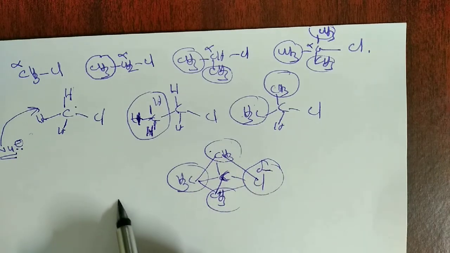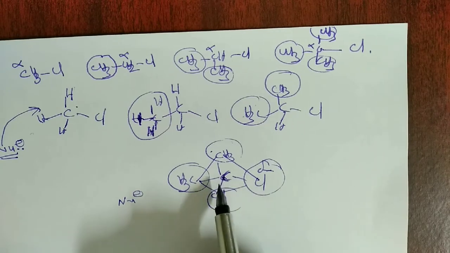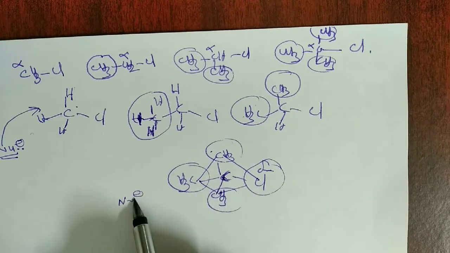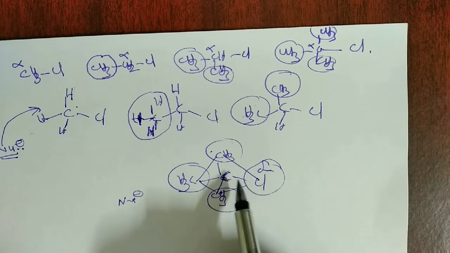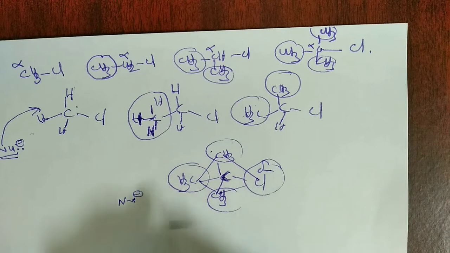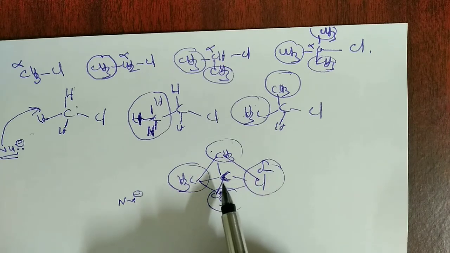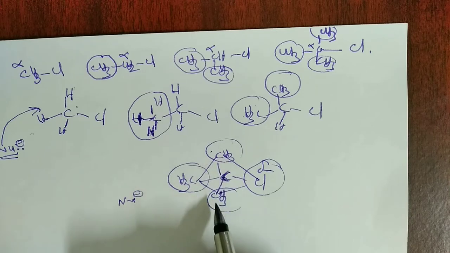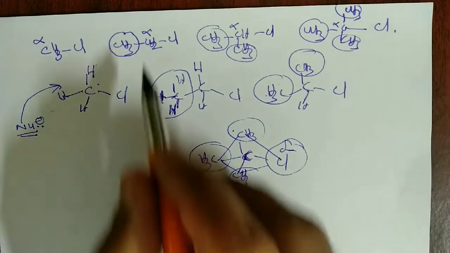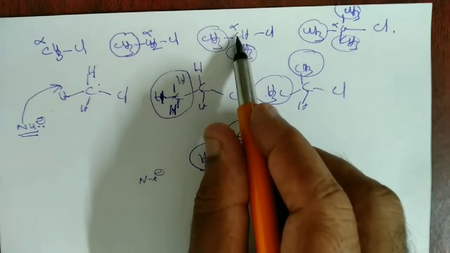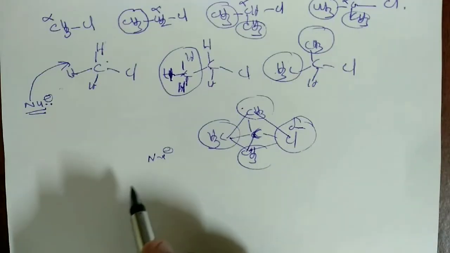So nucleophile cannot approach the carbon atom of the carbon-chlorine bond from the rear side or from the front side. Front side approach is restricted due to negative repulsion. Here rear side approach is also restricted due to steric repulsion exerted by bulky alkyl groups. So alkyl substitution at alpha position decreases the rate of SN2 reaction.